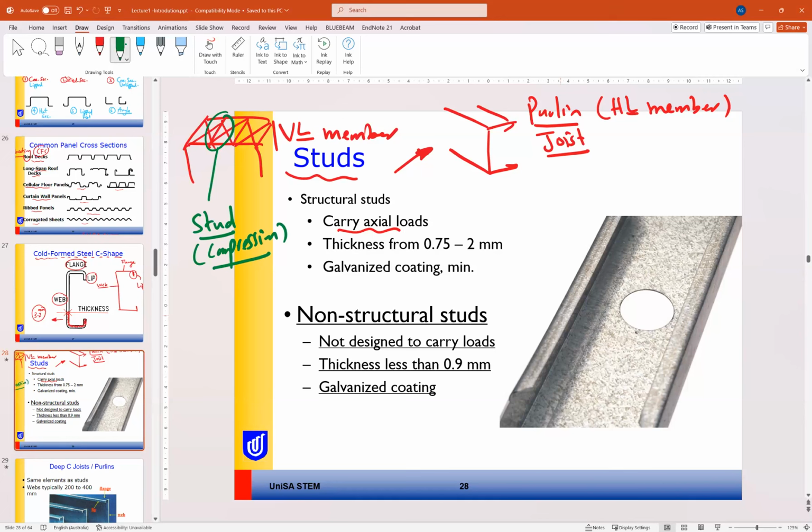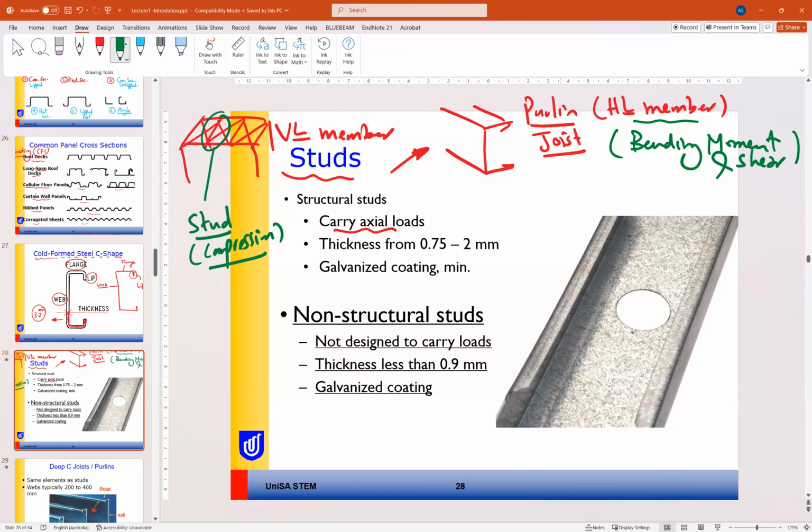Okay, so the main characteristic of the stud, it carries axial load, but the purlin and joist are horizontal members, so they mainly carry bending moment and shear force. So this is the difference between joist and stud, but both of them will be C-shape sections.